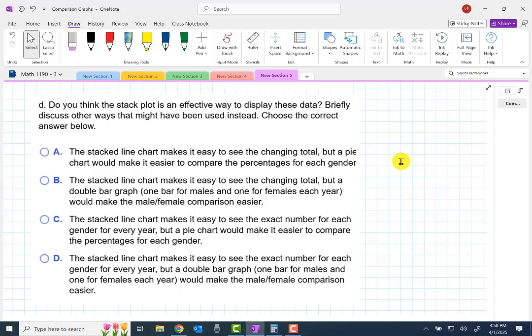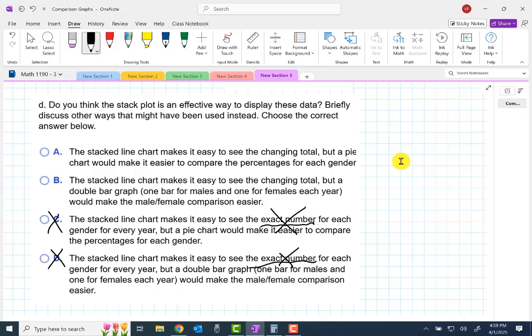The stacked line chart makes it easy to see the exact number of each gender for every year. So now I have to stop them there. These graphs are not intended to give exact numbers. So we need to ignore these two. So only A or B is possible for us. And I have to make a decision between the two of these. The stacked line chart makes it easy to see the changing total.